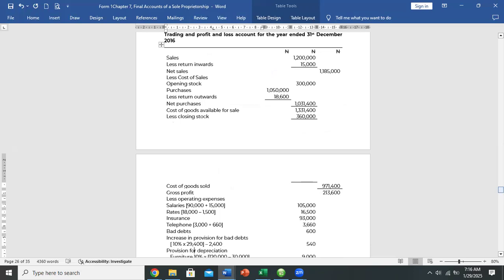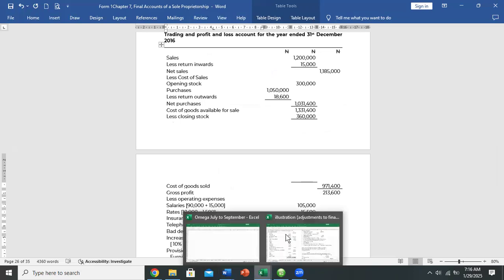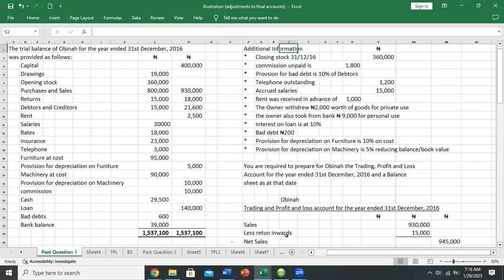So you indicate decrease in provision and you add it to your gross profit as part of your other income. I want to believe I've exhausted all necessary points on provision for bad debt. If you have a question, please ask. Okay, no questions. That's great. So we are done with this provision for bad debt.